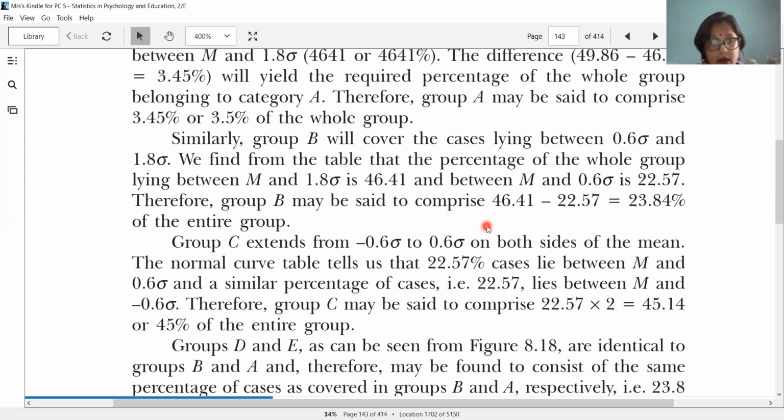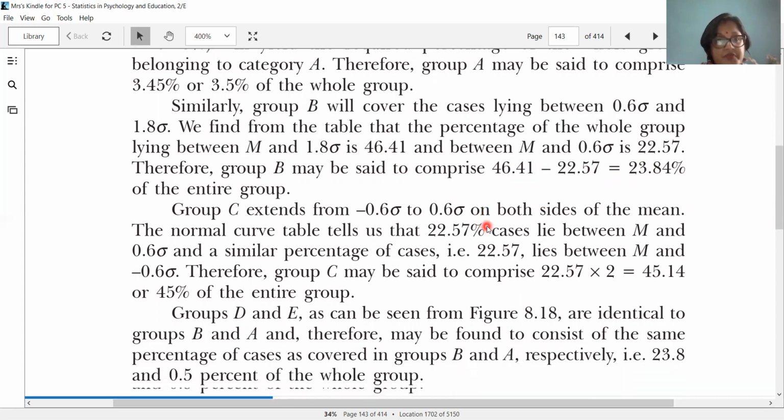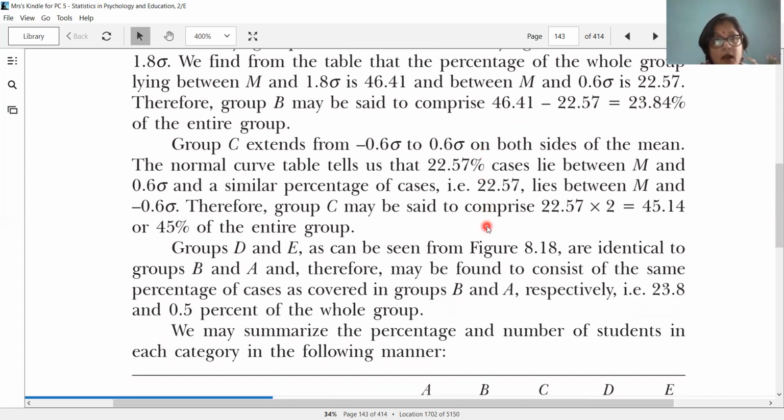Okay, so similarly, we need to find out the area for groups C, D, and E. As you can notice in the graph, group C extends from minus 0.6 sigma to plus 0.6 sigma, on both sides of the mean.